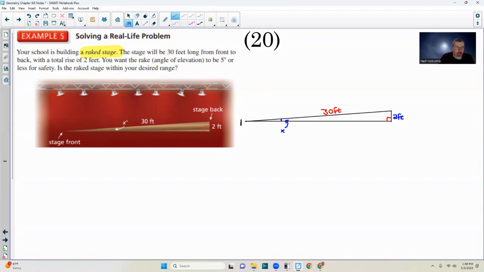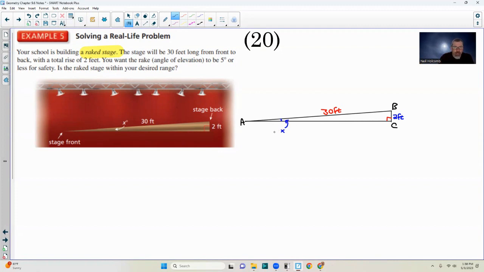If I call this A, this B and this C, then I can find the rest. The first thing I could do is the Pythagorean theorem and find the length from A to C, but that's not what this question's asking. So we don't have to solve the triangle. We just have to see what angle A is.